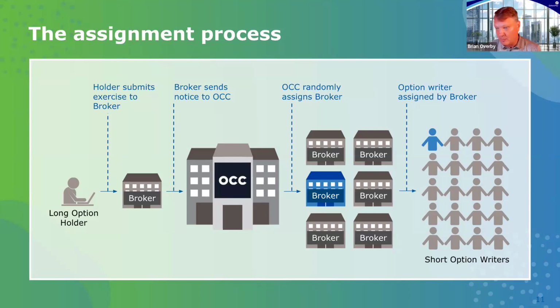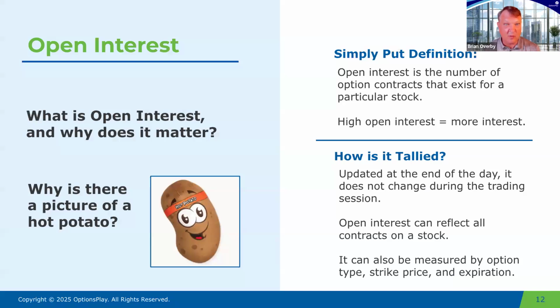Now, every once in a while, you might get lucky and somebody does not exercise or enters a do not exercise. So there is that possibility. But 99% of the time, if you are in the money, you are going to be assigned on your short option contract.